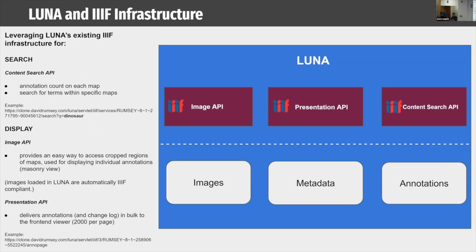For display, we use the IIIF API to get the crop regions of maps, so we can display individual annotations in, for example, Mason review and in the pop-ups of search results. As for the Presentation API, it is used for delivering annotations and their change history in bulk to the front-end viewer. Pagination is supported, so if there are more than 2,000 annotations on a page, they will be delivered to the front-end viewer in multiple pages.